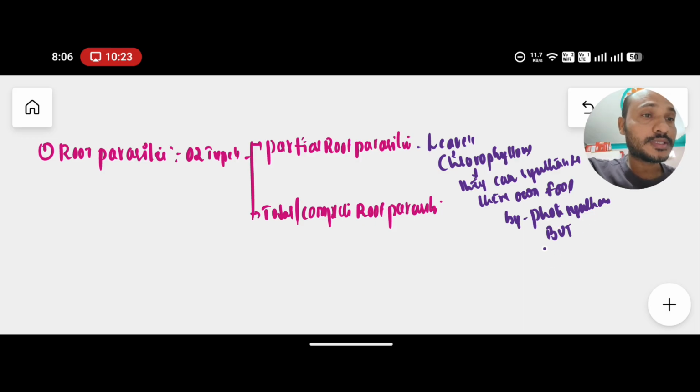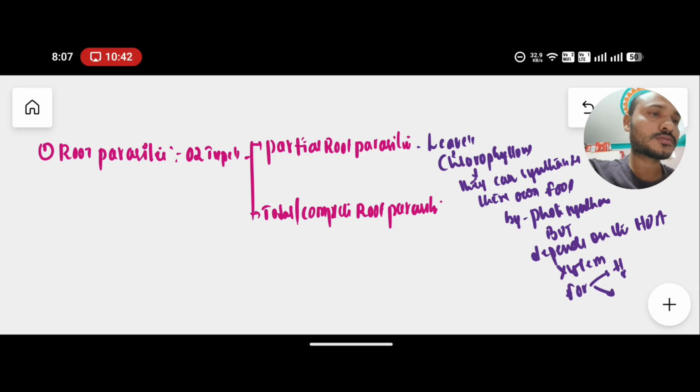But these partial root parasites depend on the host xylem only, for water and minerals. This type of parasitic plant is called a partial root parasitic plant.